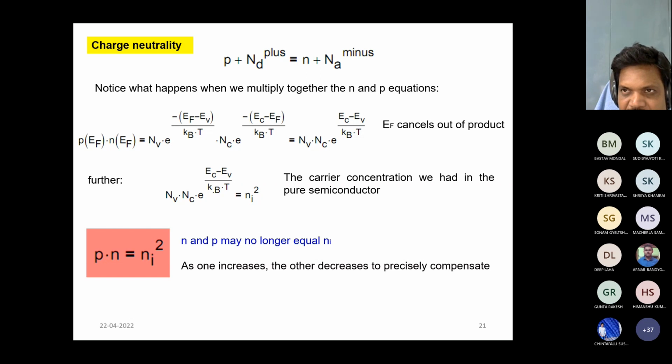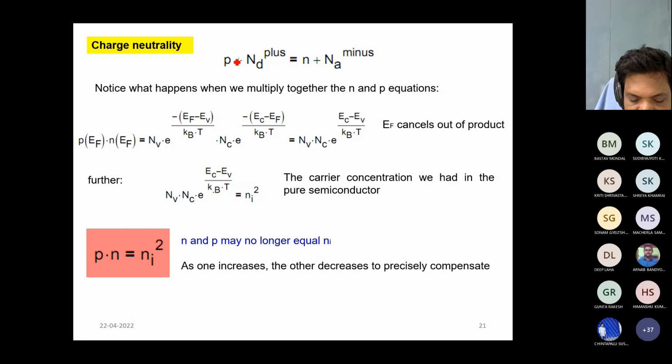That means effectively, if we consider holes as the positively ionized carriers, then the total positive and negative charge would be equal.